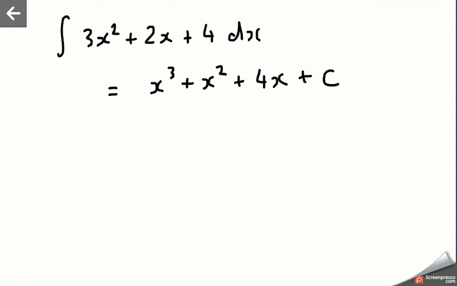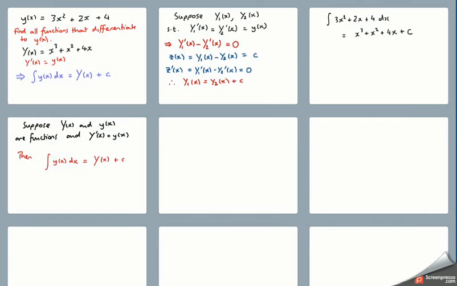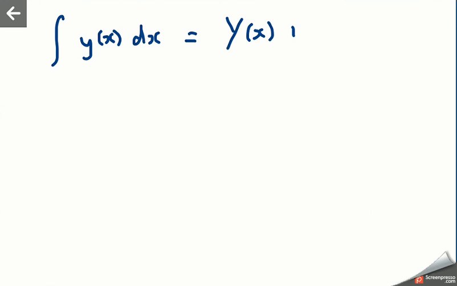I just want to talk about this dx for a second. So suppose we've got the integral of little y of x dx equals big Y of x plus c. So this dx here, that means that we're integrating with respect to x. Now, does that make a difference?